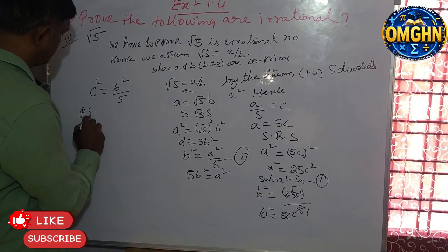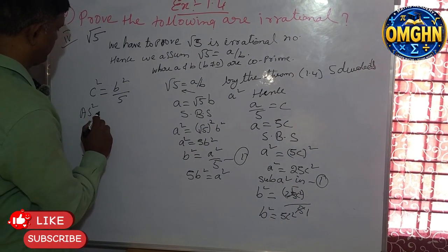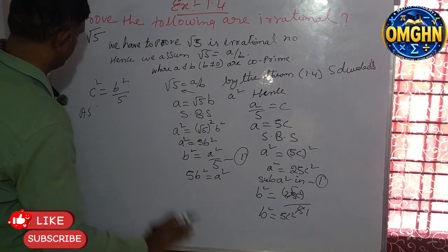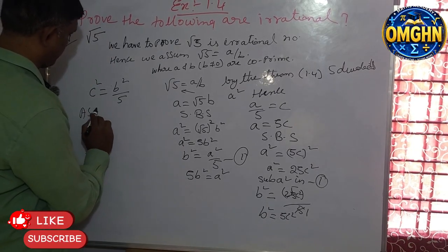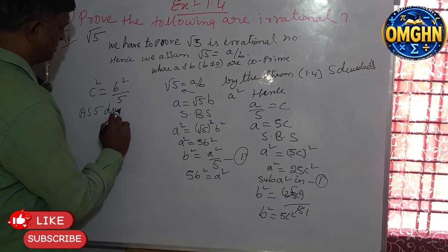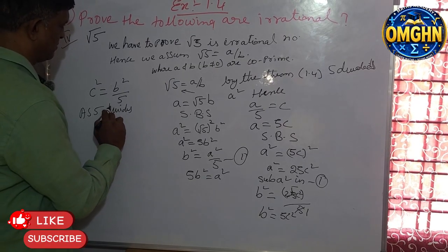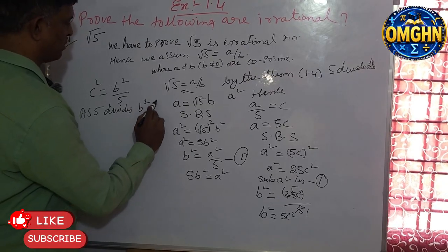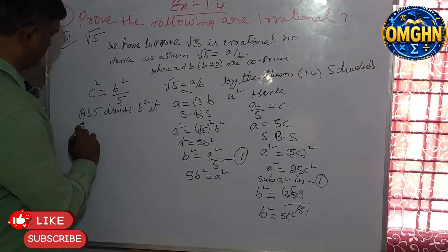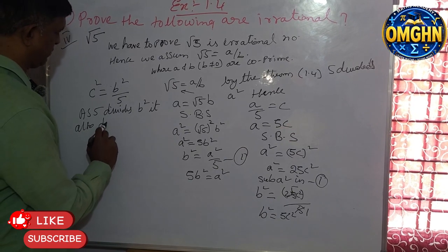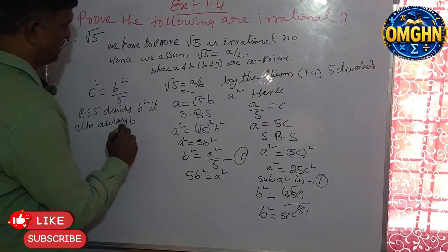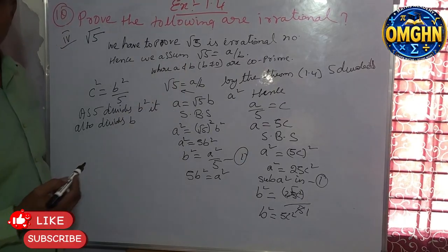As 5 divides b square, it also divides b according to the theorem 1.4.